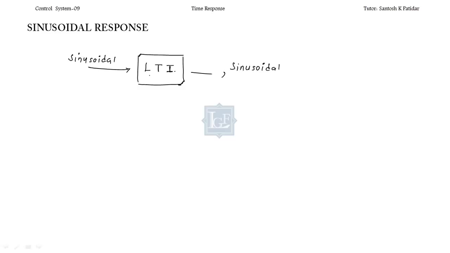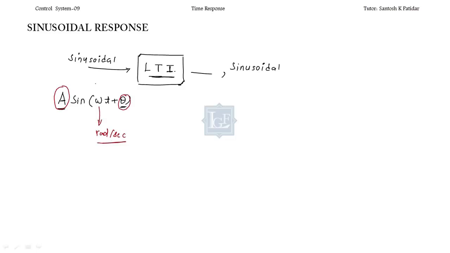Okay, if the system is an LTI system, there is a change in magnitude and phase only. What does it mean? If your input is A sin(omega t plus theta), where A is the magnitude, theta is the phase of the input, and omega is the frequency in radian per second.